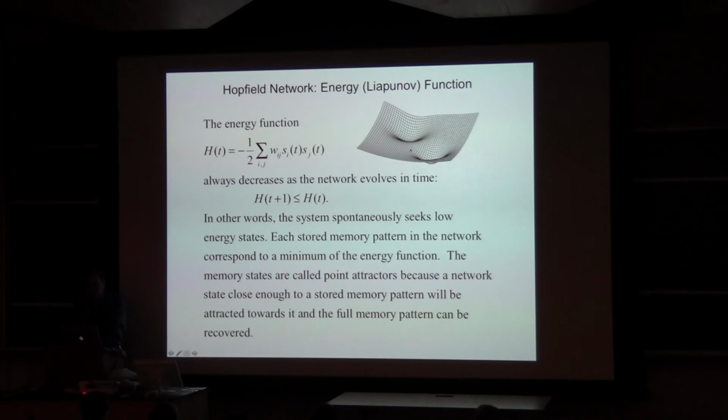If you start from a location close enough to one memory pattern, it will fall into that state and recover it. If you are closer to a second memory pattern, you fall into the second memory pattern. You can also start from a random initial state and go to one state. This is a conceptual picture of how the system works. Is it clear so far? Anything still unclear?